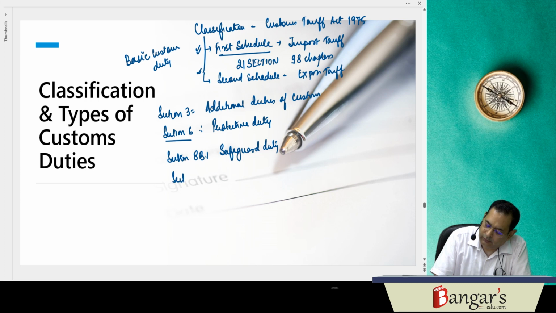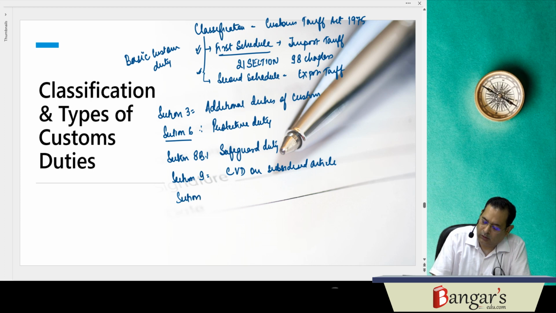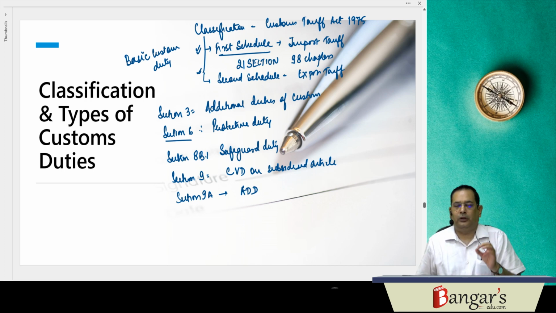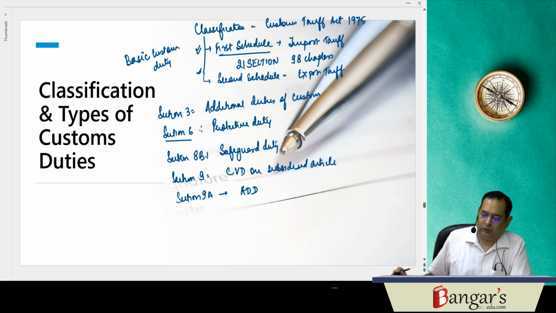Section 9, that is countervailing duty on subsidized article. 9A, that is anti-dumping duty. These are some important sections which you have to remember from the examination point of view.